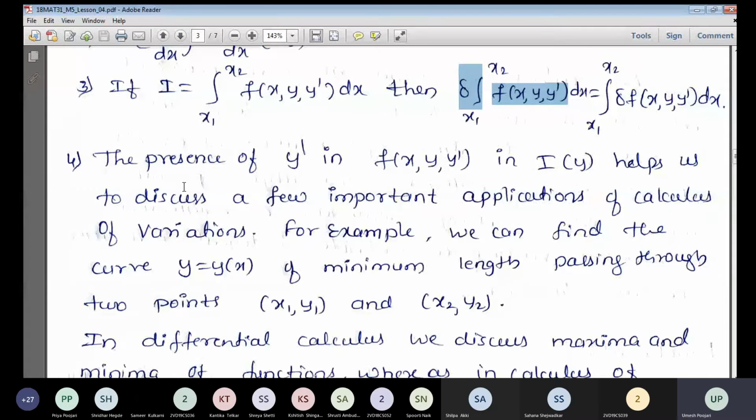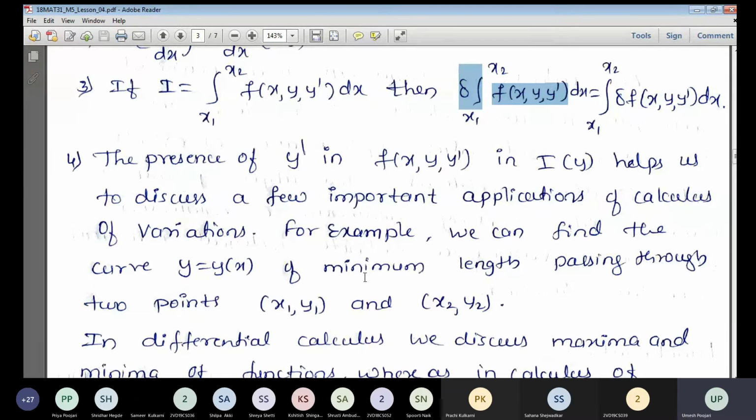Yes, a straight line from A to B. You can draw so many curves, but the straight line is the smallest distance between A and B. So to find that smallest distance between any 2 points, we are using calculus of variations. The smallest distance is minimization, minimizing the distance. So to find minimization, we are going to use calculus of variations.